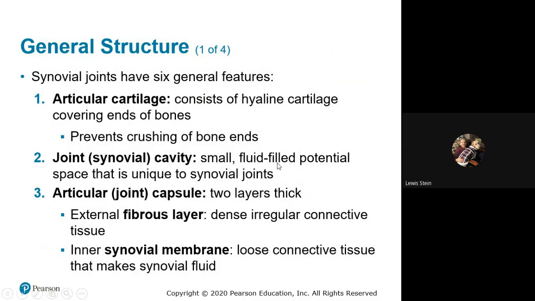So when they talk about a potential space, the space is there. It's not always filled and it's not always empty, but there is distinctly a space. Sometimes you have stuff in the space. That's when we start talking about specific joints like the knee, or the temporomandibular joint, or the sternoclavicular joint, where you have extra cartilage in there that increases its mobility.